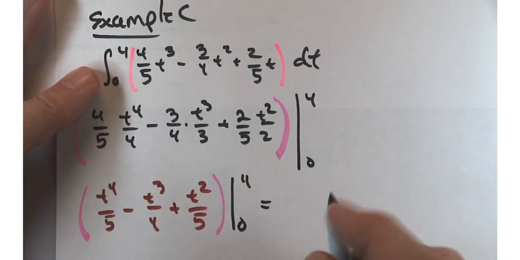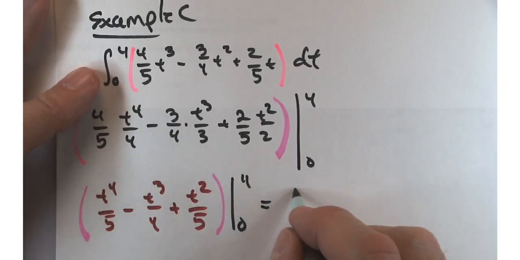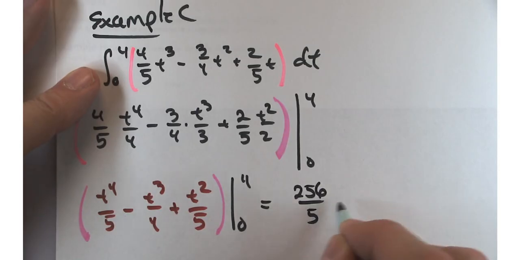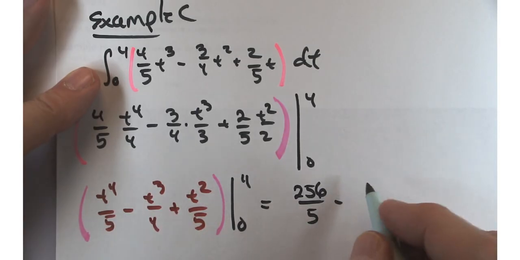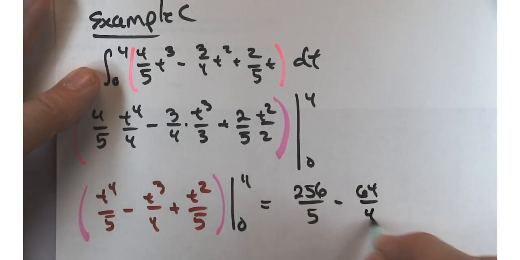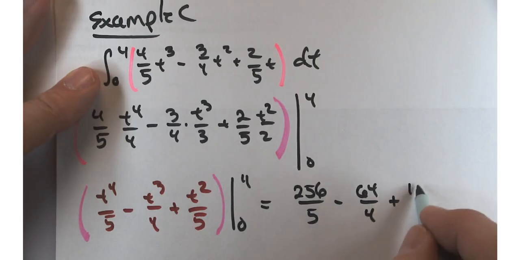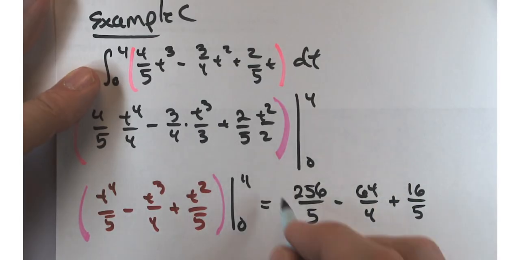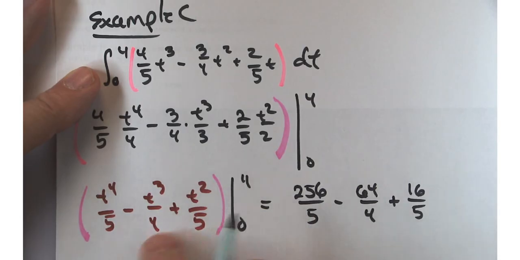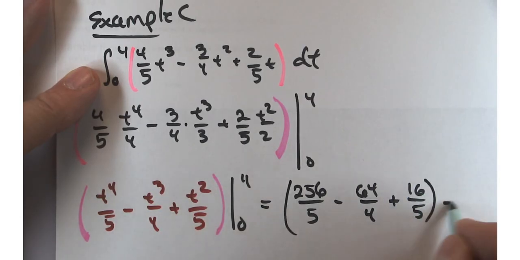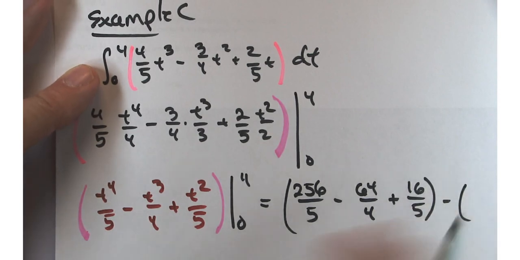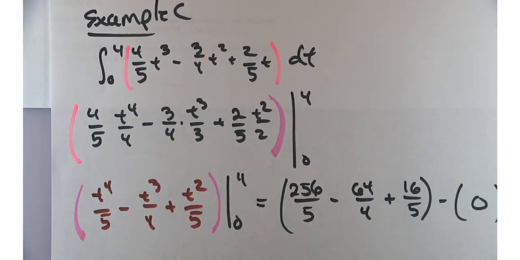So that's going to be 4 to the 4th is 256 over 5 minus 64 over 4, which does reduce to 16, and then 16 over 5. So that's evaluating it at 4. What am I going to get when I evaluate it at 0? 0. Okay, so let's clean that up a little bit.